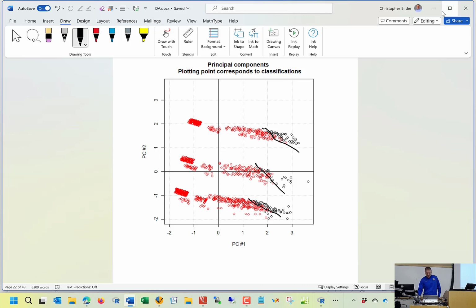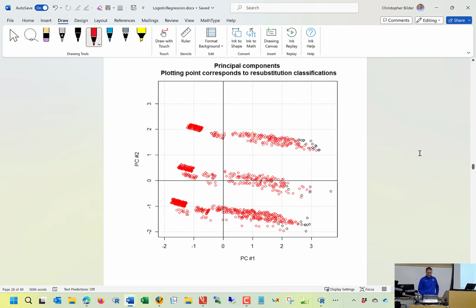Now let's think of this in terms of logistic regression. We don't have that strict dividing line, but it's closer. It's somewhere in between what discriminant analysis gave us and what nearest neighbor classification gave us. So I think that's kind of interesting. And generally speaking, I think of logistic regression as somewhere in between in terms of how it makes those decisions.